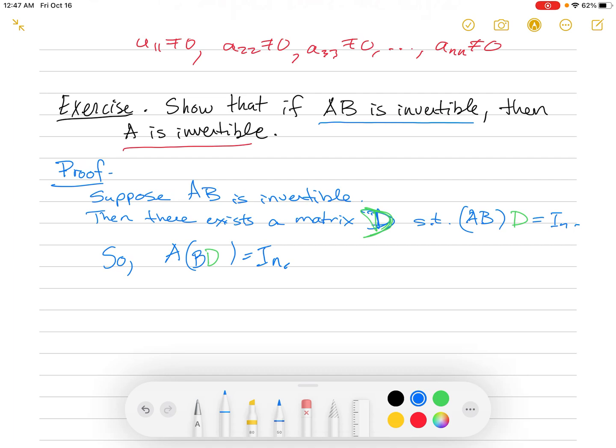Therefore, by using number 9 once again, A is invertible. Why? According to 9 in the invertible matrix theorem, if you can multiply A by something from the right and get the identity, then A is invertible. So that's it. A is invertible. That's what I wanted to prove.